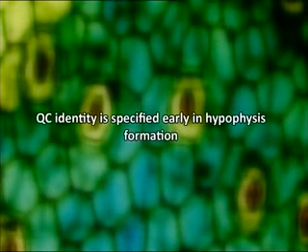Definitive data are now lacking on the timing of formation of the stereotypical function, that is of the QC. However, expression of WOX5, encoding a putative homeodomain transcription factor, in the early globular, that is 16-celled, embryos led Haecker et al. 2004 to conclude that QC identity is specified early in hypophysis formation.